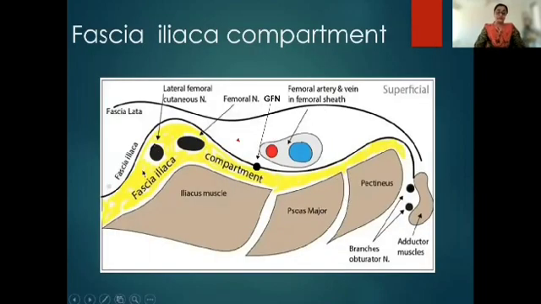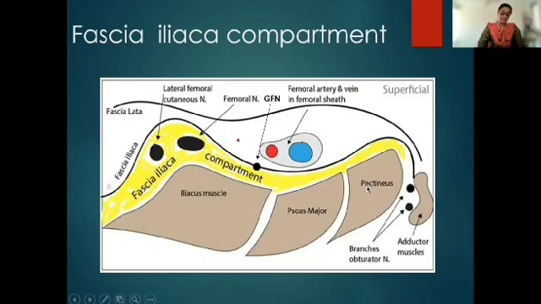Now, after knowing the boundaries, this is a pictorial representation showing the fascia iliaca compartment and the three nerves, that is the lateral femoral cutaneous nerve, the femoral nerve, and the obturator nerve. They are in a continuous compartment, but you can see the difference that the obturator nerve is separated from the femoral and the lateral femoral cutaneous nerve by the psoas major and the pectineus muscle.